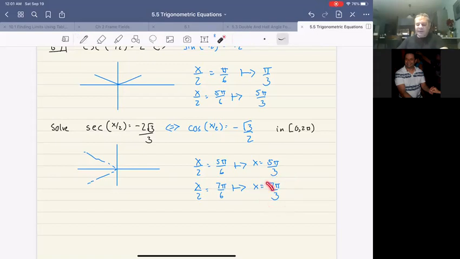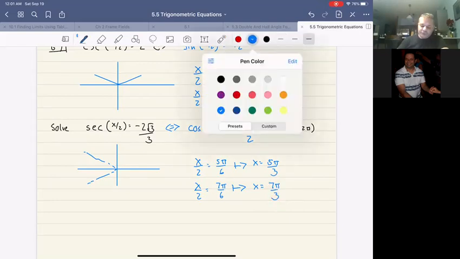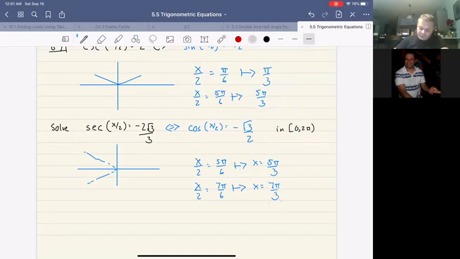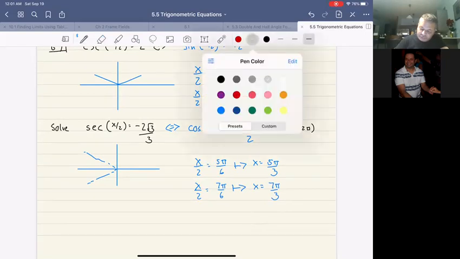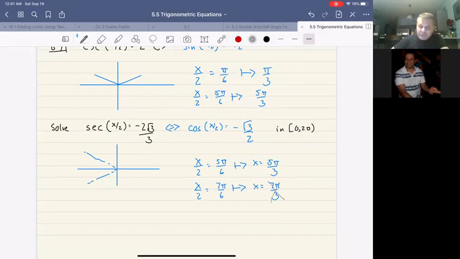That's bigger than 2 pi, so we're marking that one off. 7 pi over 3 is bigger than 6 pi over 3, which is 2 pi, so it's not in our interval. All right, we'll come back with another video, just 2 more problems in this section.